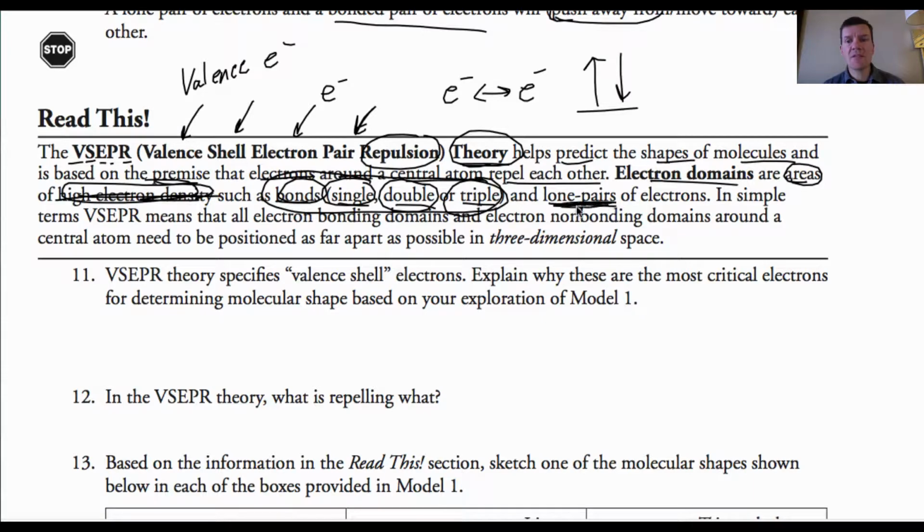If they're not involved in bonding, a lone pair is still counted as an electron domain around the central atom. In simple terms, VSEPR means that all electron bonding domains and electron non-bonding domains around a central atom need to be positioned as far apart as possible in three-dimensional space. So we're going to have these spread out in three-dimensional space around the central atom.